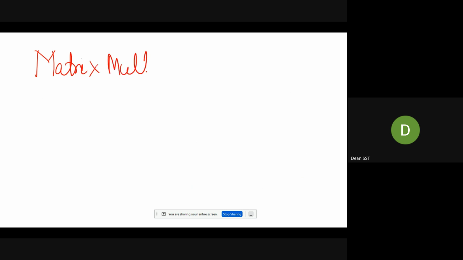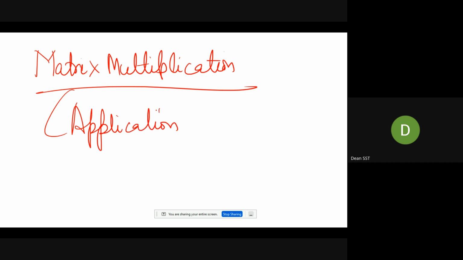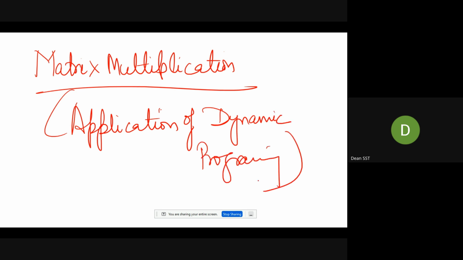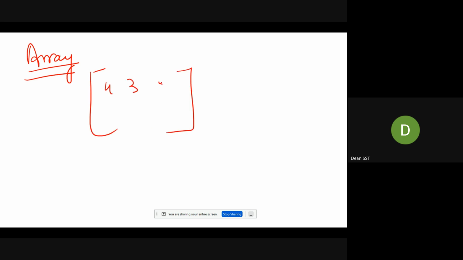Do you know matrix? A little bit, ma'am. Application of dynamic programming: matrix multiplication. What is a matrix? Have you studied array? Let me take one example: 4, 3, 2, 1 and 0, 3, 1, 5.